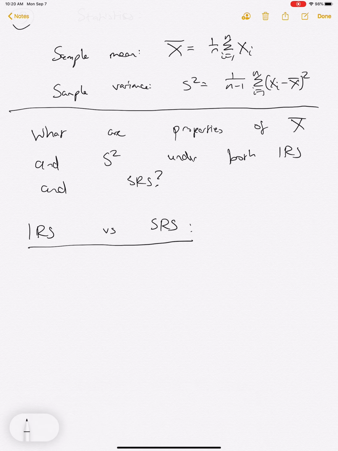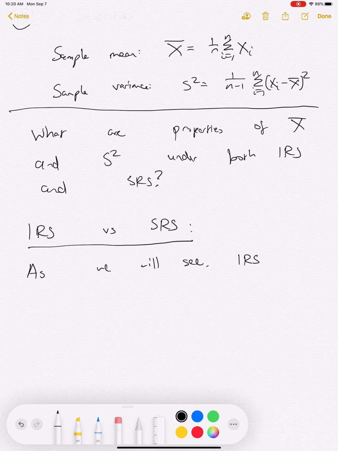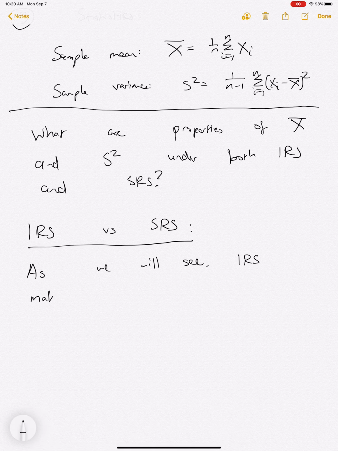Typically, as we will see, IRS makes calculations a lot easier, since we have independence.